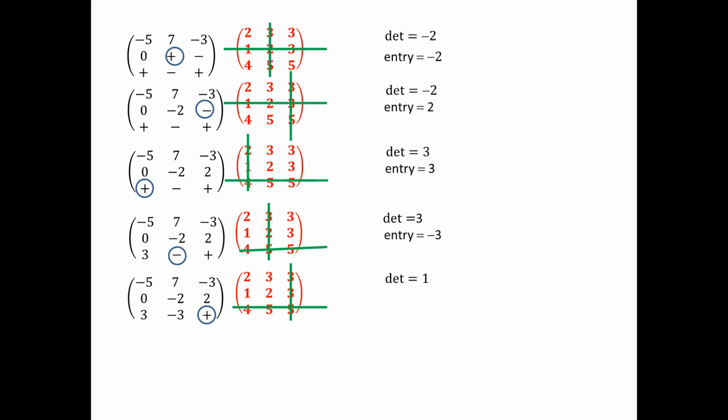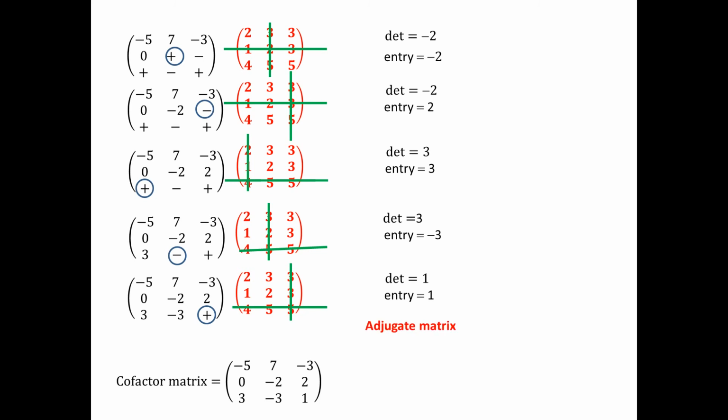The entry in the grid matrix is a positive, so the entry stays the same, so the entry is 1. So our cofactor matrix is minus 5, 7, minus 3, 0, minus 2, 2, 3, minus 3, 1.